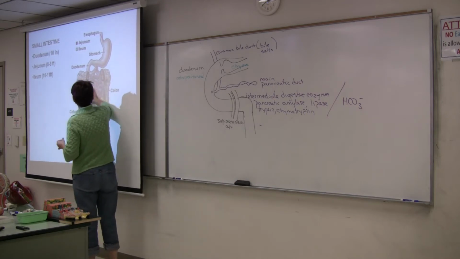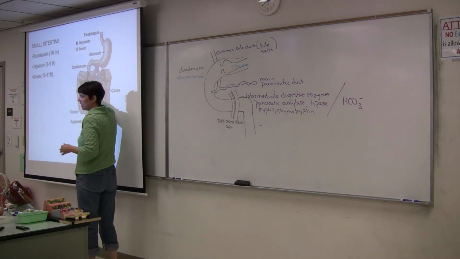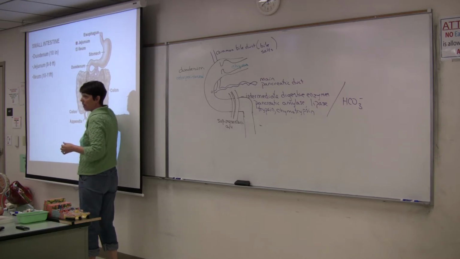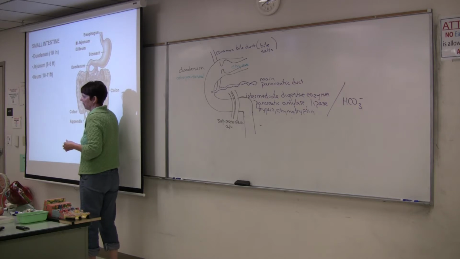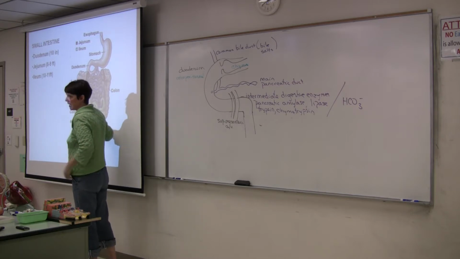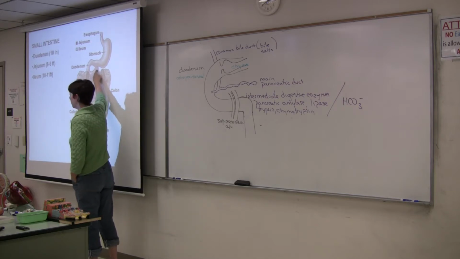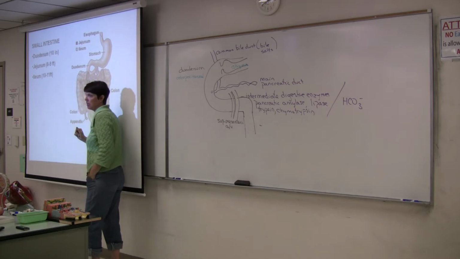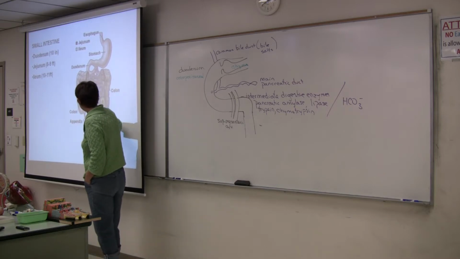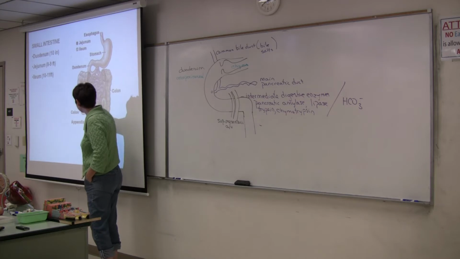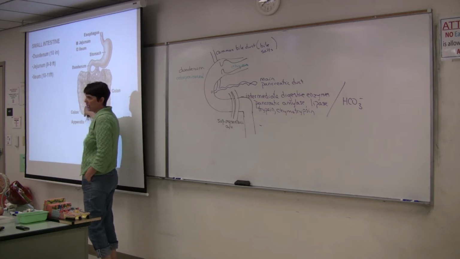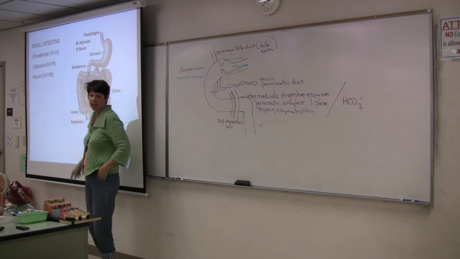Now when it's all coiled up in here, you can't tell, and I can't tell, which part of that model loop is supposed to be jejunum and which is supposed to be ileum, all right? So where I would take the jejunum is up here, where you can see its attachment to the duodenum. Where I would take the ileum is where you can see it ending by joining to the large intestine.